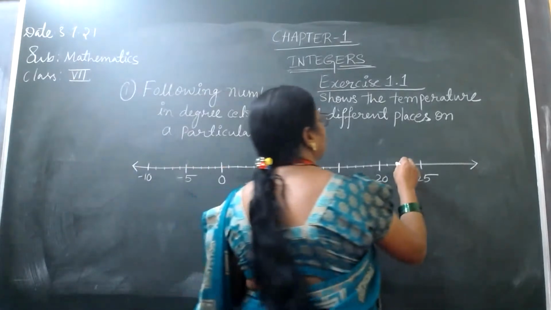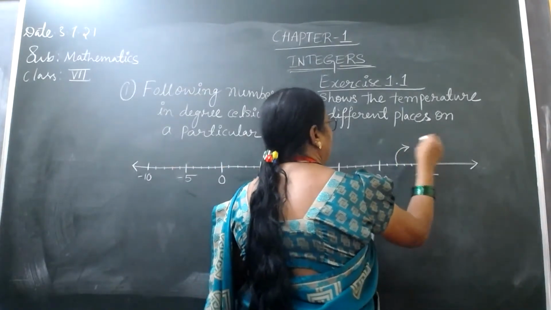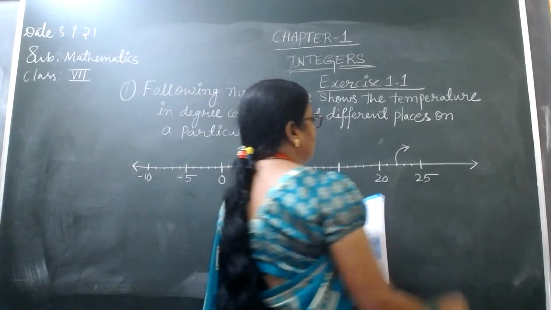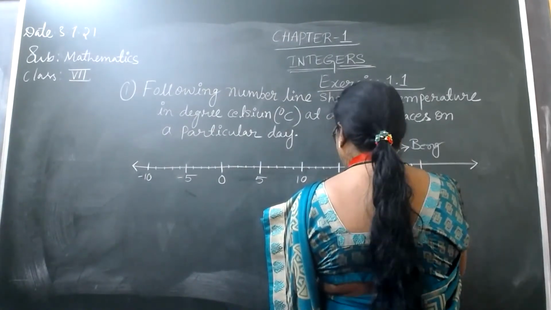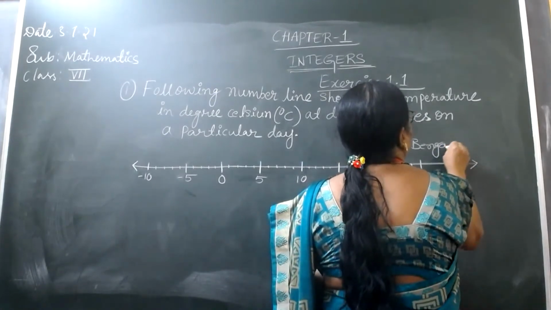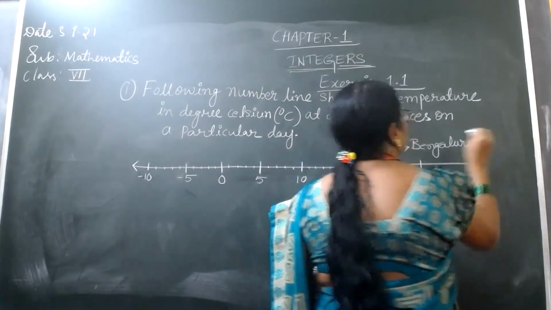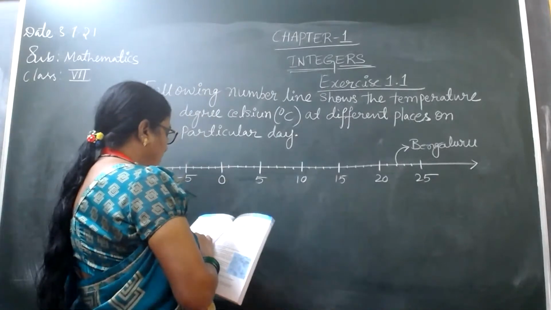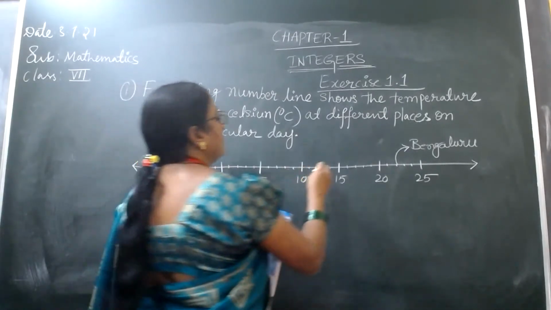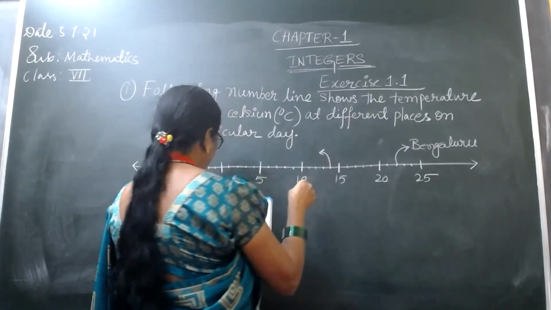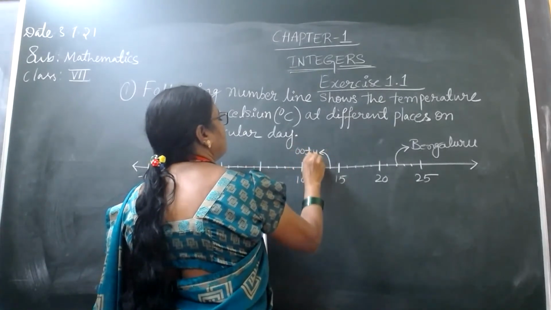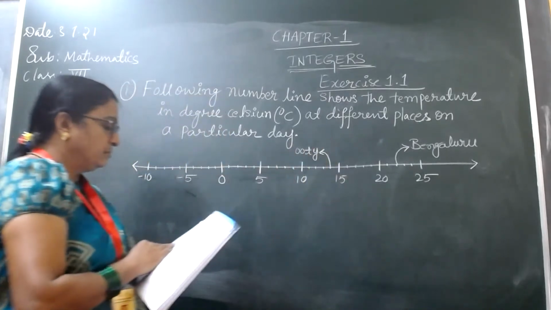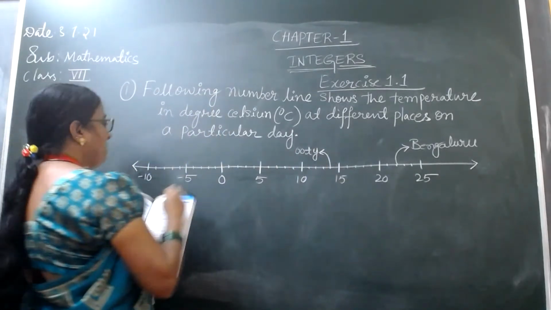Here another one is there: the names of the cities. Bengaluru. Next, Ooty. Next, Shimla.